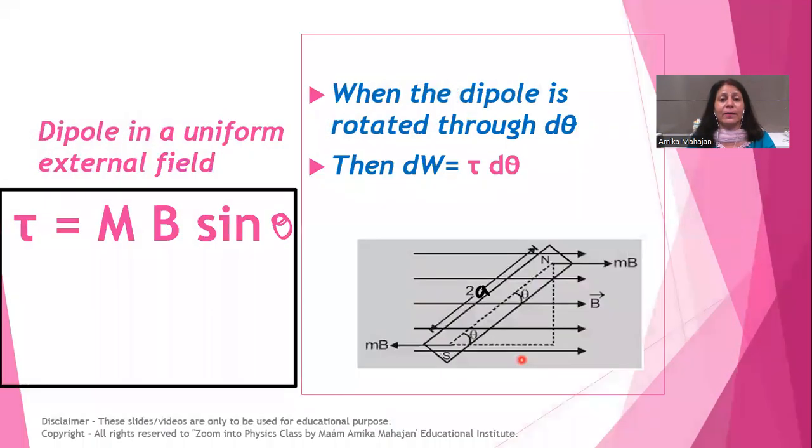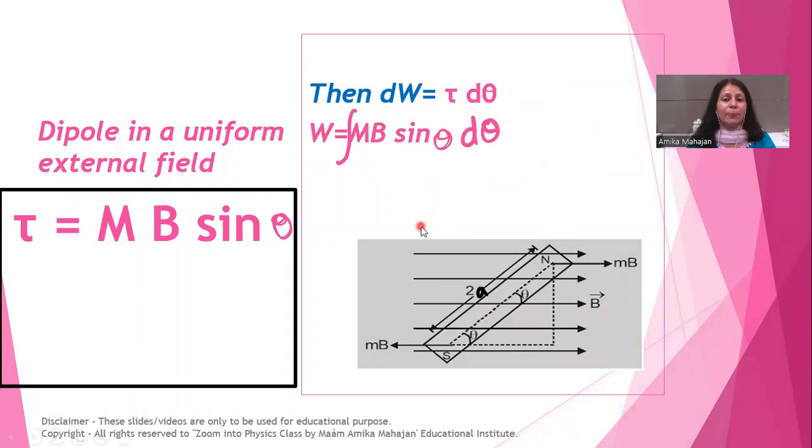When we have to rotate the dipole through some angle, let it be d theta, then work will be done. Work will be torque into d theta. Put the value of torque, it will be MB sine theta. So integrate to calculate the work when we rotate it from angle theta 1 to theta 2. We know that the integration of sine theta with respect to theta will be minus cos theta.